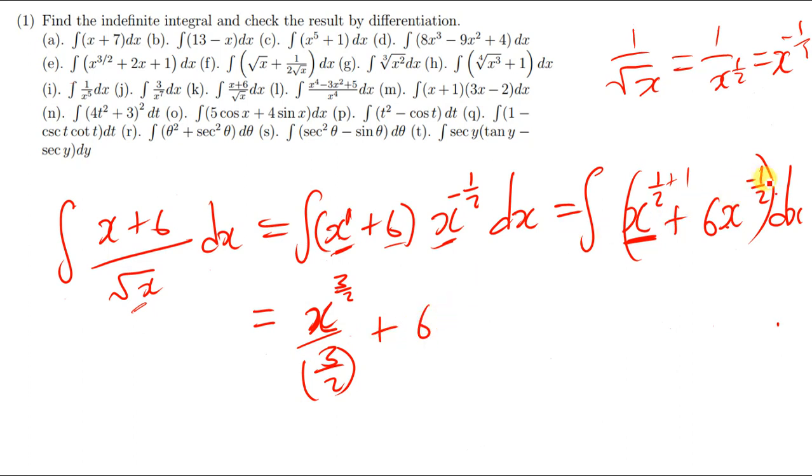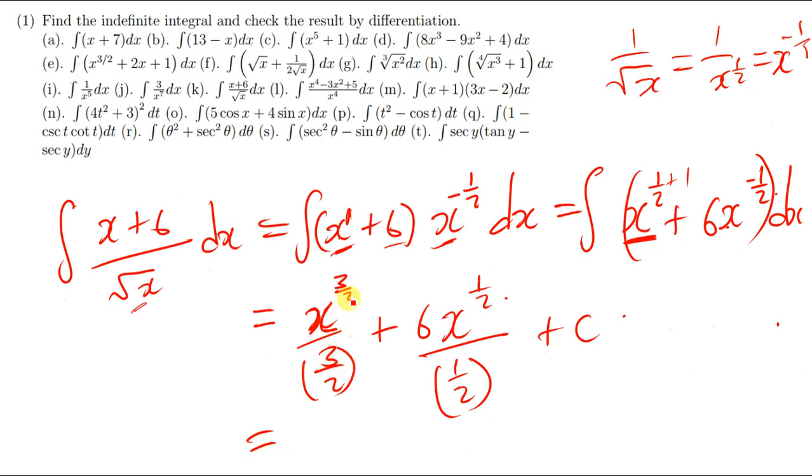When you add 1 to negative half, you are going to get half. So this will be x to the power half. And then we divide this by the new power, half, and then we say plus c.